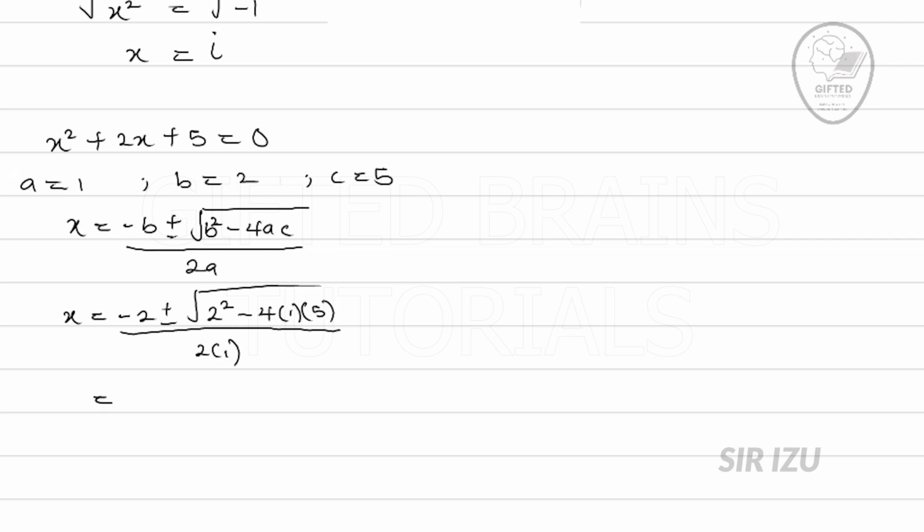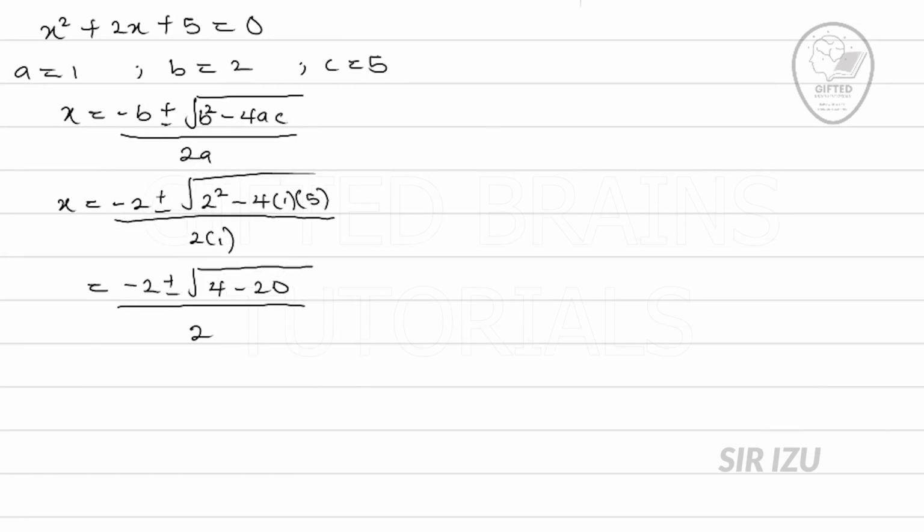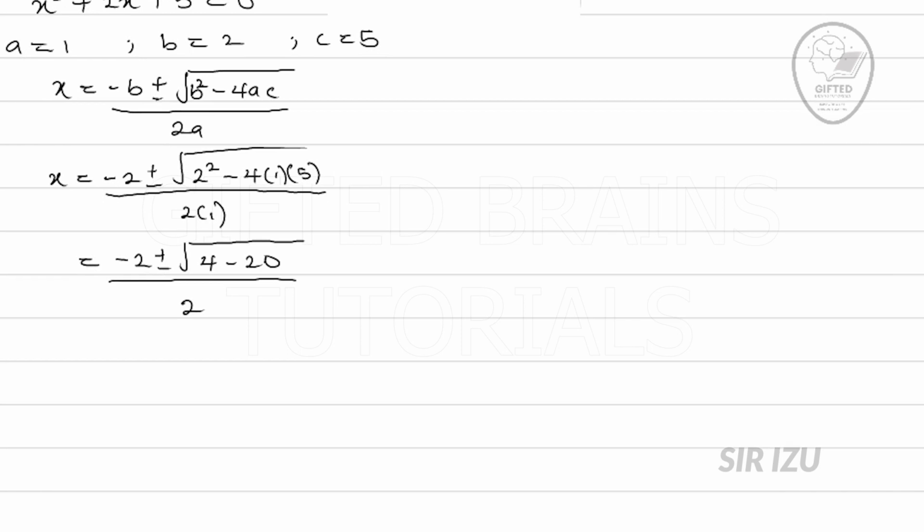At the end of the day, we would have minus 2 plus or minus square root of 4 minus 20, all over 2. We know that 4 minus 20 will give us minus 16. So we have minus 2 plus or minus square root of minus 16 over 2.